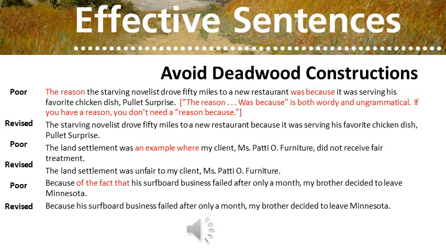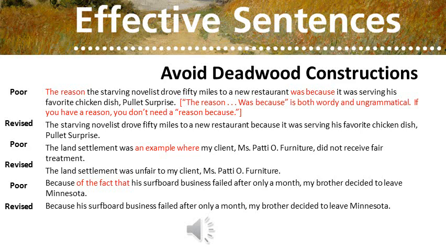So, how do you fix it? The starving novelist drove 50 miles to a new restaurant because it was serving his favorite chicken dish, Pullet Surprise. Okay, so you see there, it cuts away unnecessary words, and it's simply more correct.